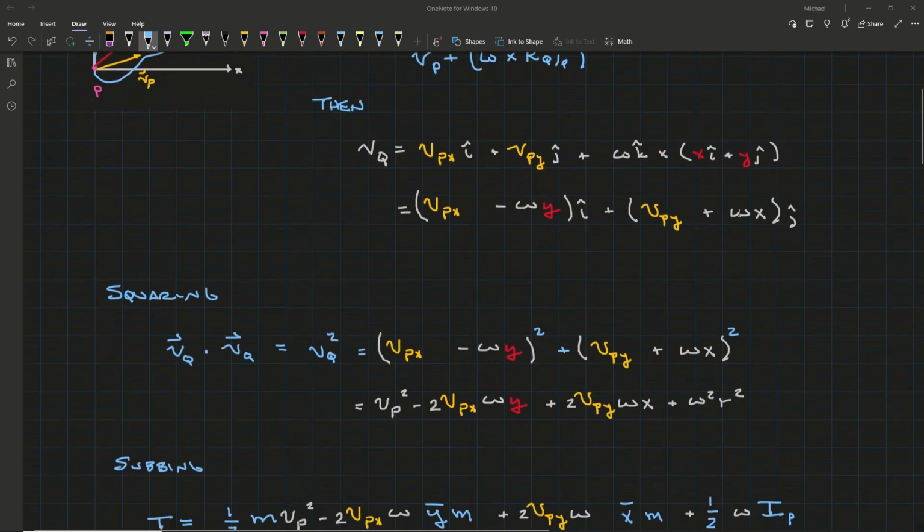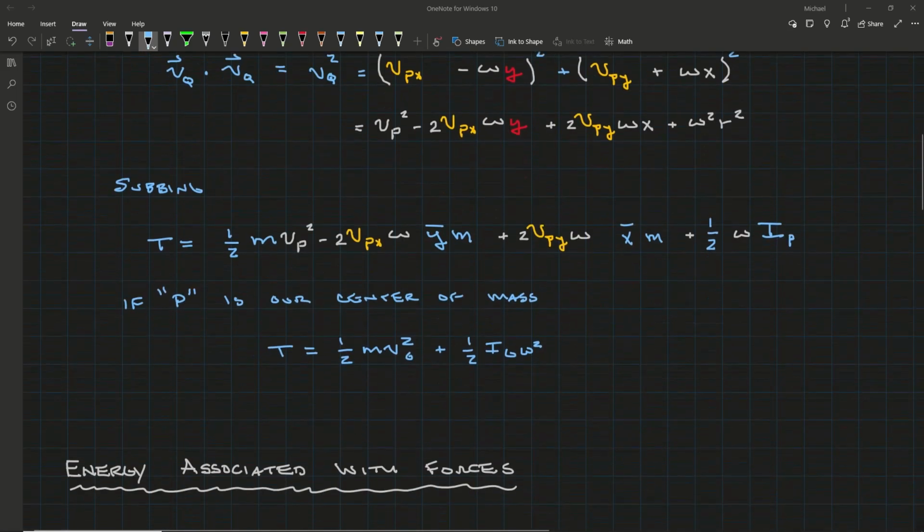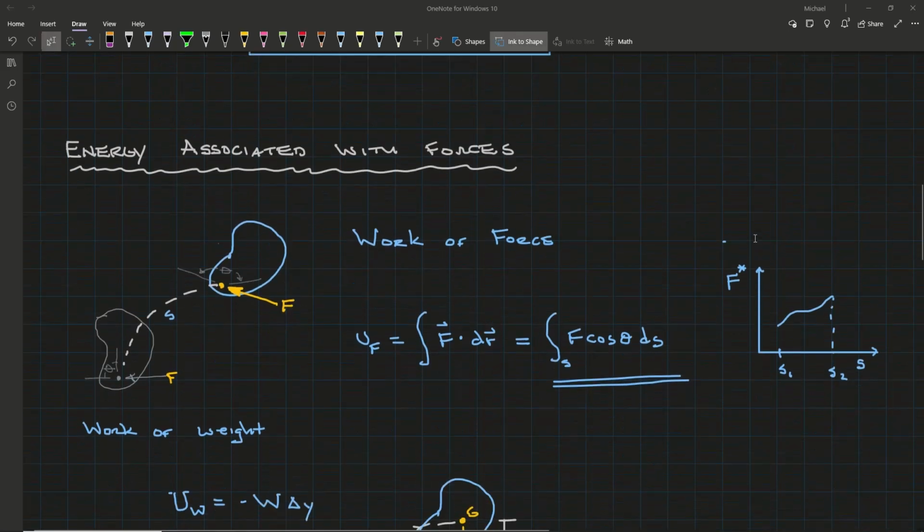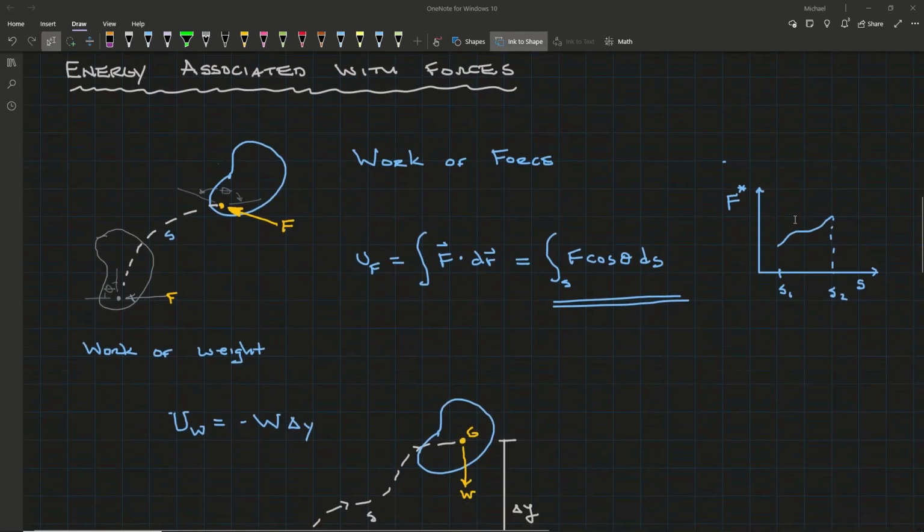So to summarize everything, our kinetic energy is this relationship. When we look at energy associated with work, our work due to a force is this relationship.